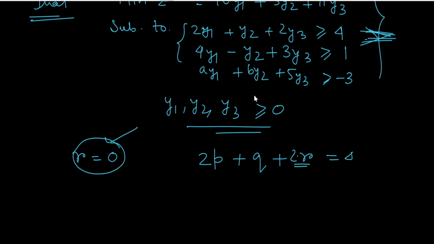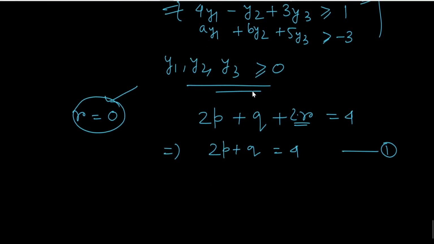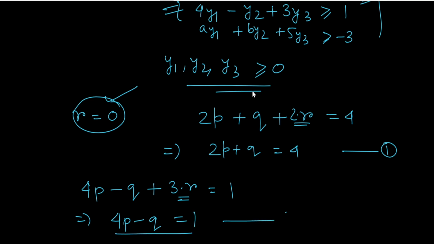This is equal to 4. So 2P plus Q equals 4. This is an equation. And from the second inequality, 4P minus Q plus 3 into R equals 1, with R equal to 0. So 4P minus Q is equal to 1. This is the second equation.